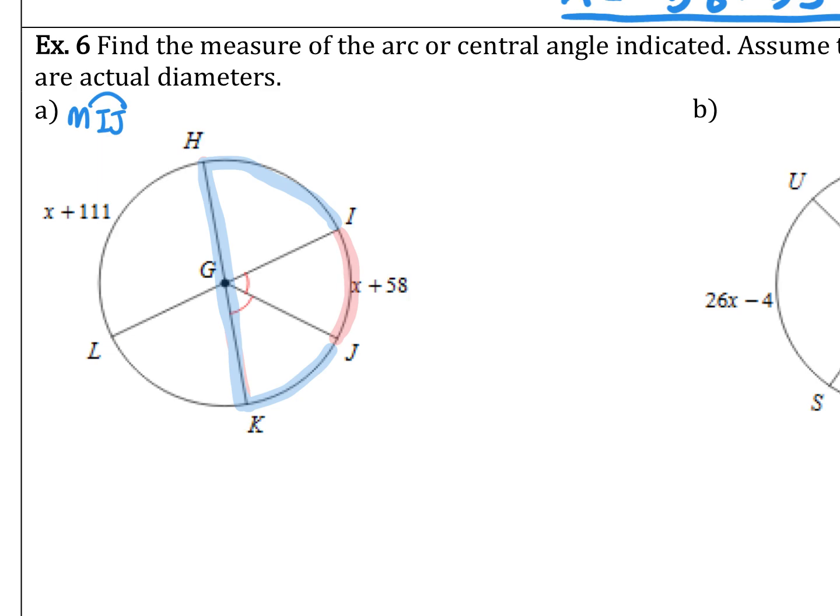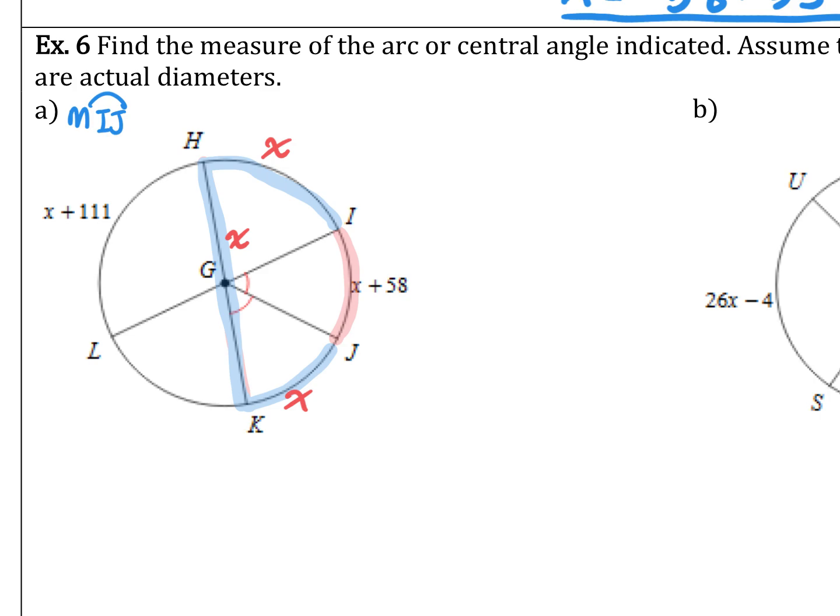So having chosen that side, what I'm going to do is label these unknowns as x. This is x, x, this is also x. Okay, now I'm going to set up my equation. We know that a semicircle is equal to 180.